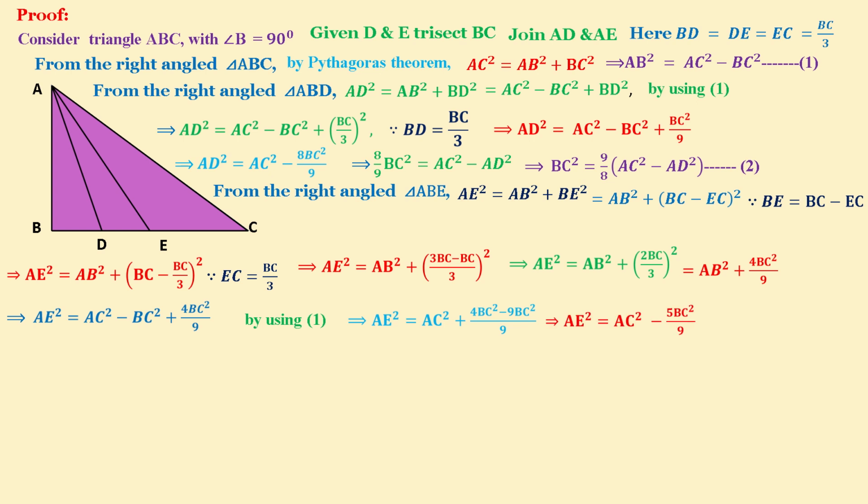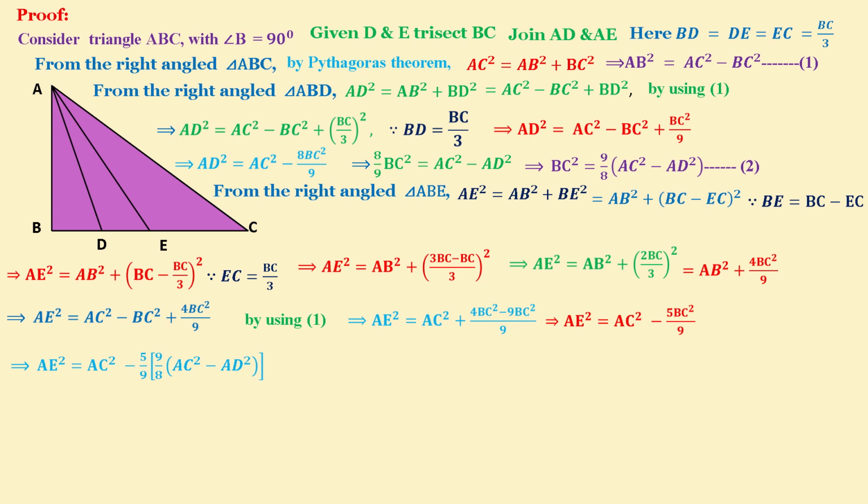So AE square equals AC square, and 4 minus 9 gives minus 5, so minus 5 BC square by 9. Therefore AE square is equal to AC square minus 5 by 9 BC square. But from equation number 2, BC square is equal to 9 by 8 into AC square minus AD square.